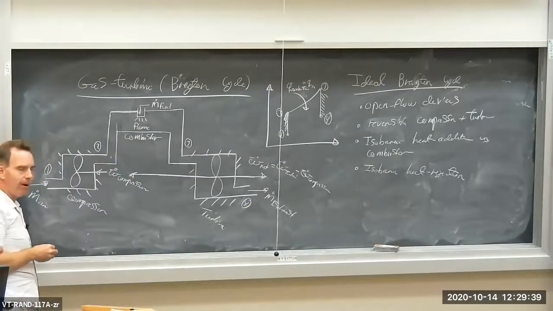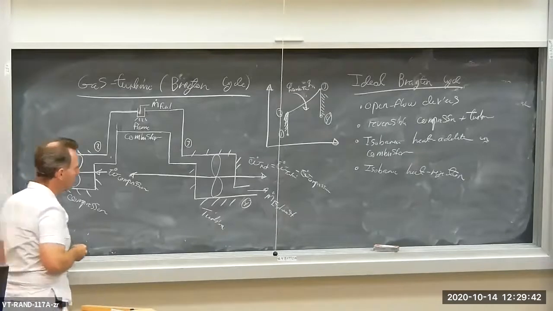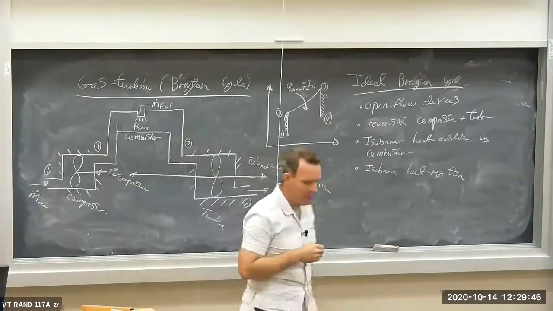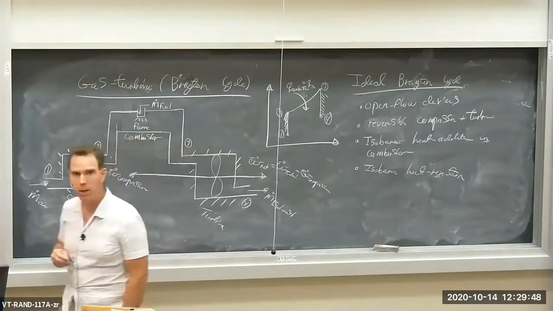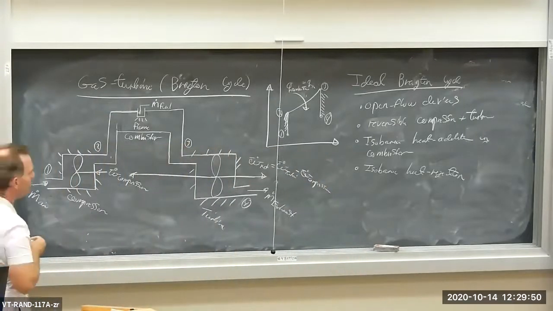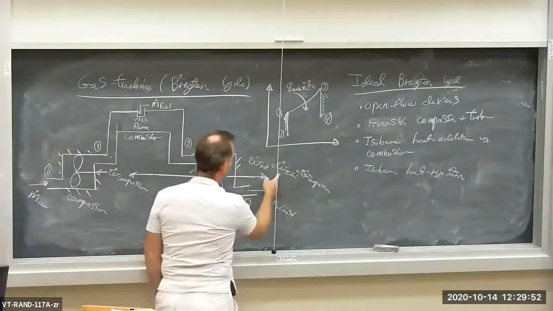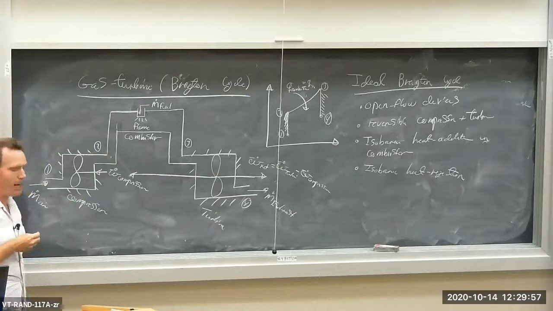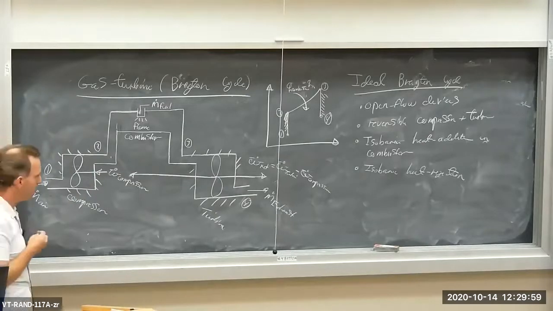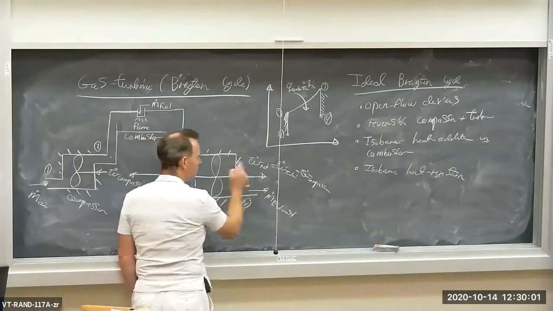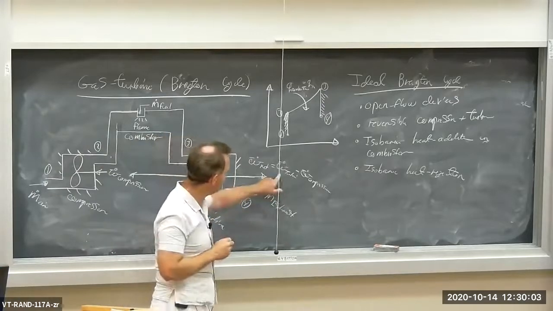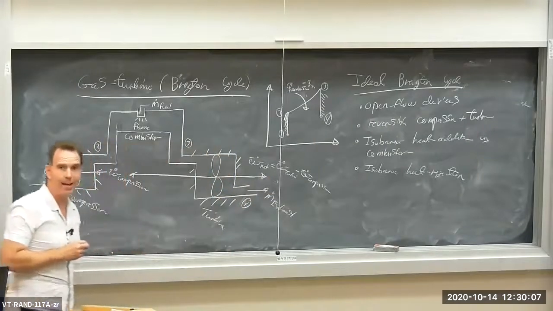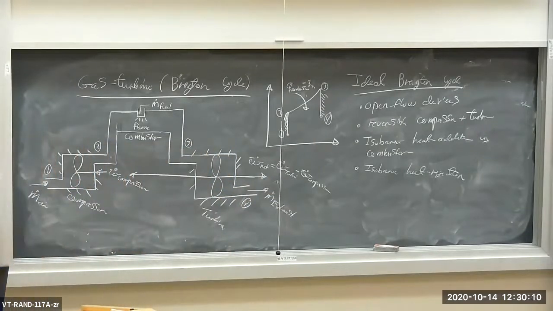Now, how does this device actually produce power? Well, the turbine's producing power, and the compressor is consuming power, okay? Some of the power produced by the turbine is fed in to drive the compressor, and the remaining power left over, the net power, W dot net, which is the difference between the turbine and compressor power, is your net power output for the gas turbine.